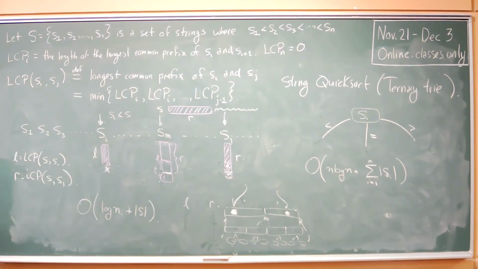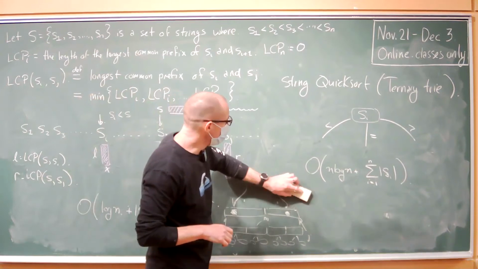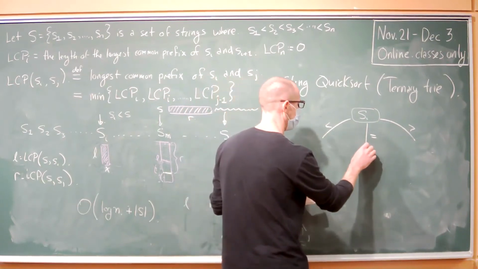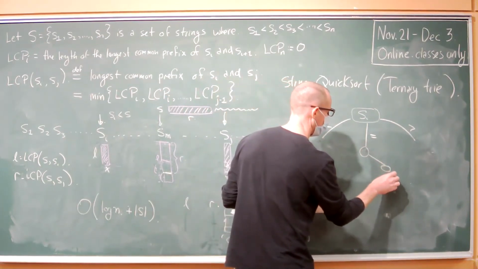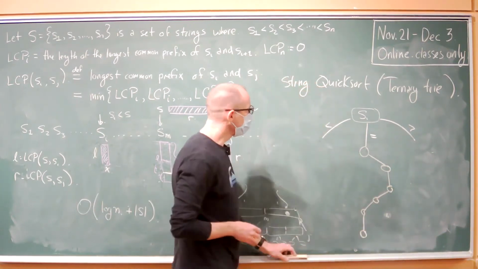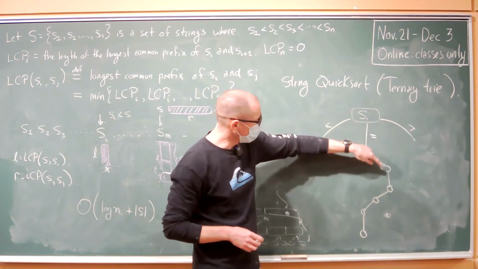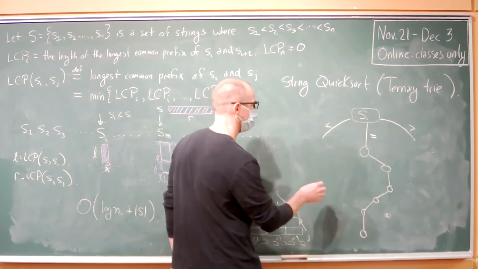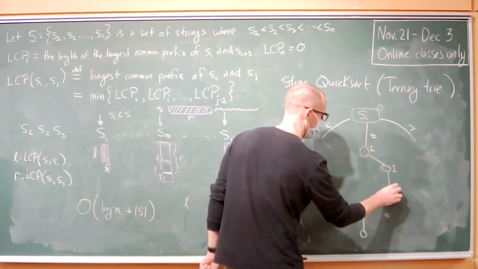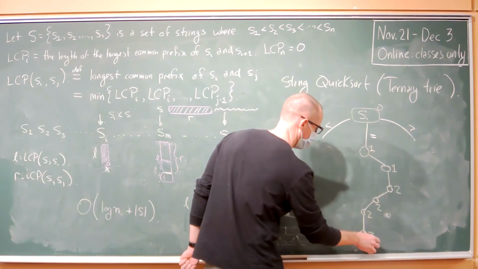And the LCPs, you don't explicitly build it, but if you look at a path in one of these ternary tries, you can associate with every node an integer which is the number of times the path goes down the middle child. So this one is 0, this one is 1, this one is 1, this one is 2, 2, 2, 3.